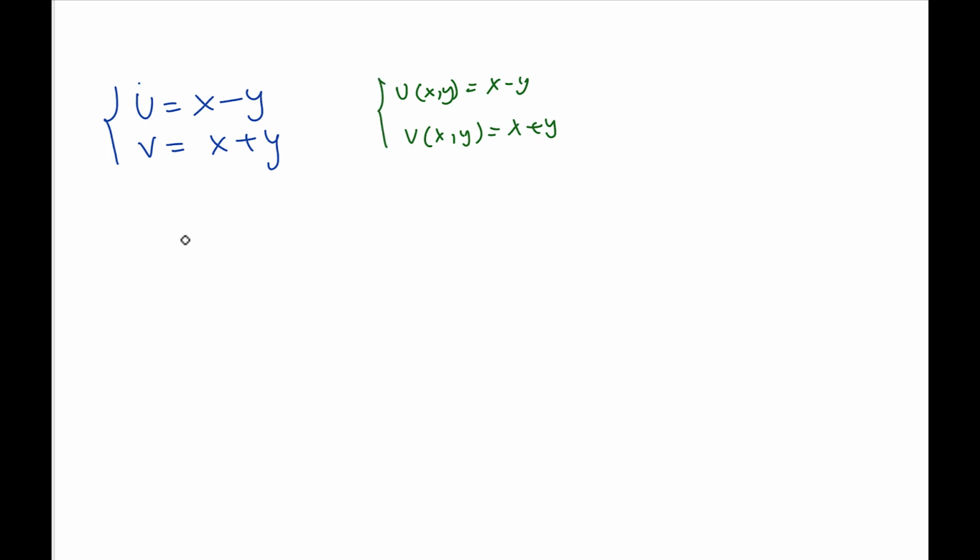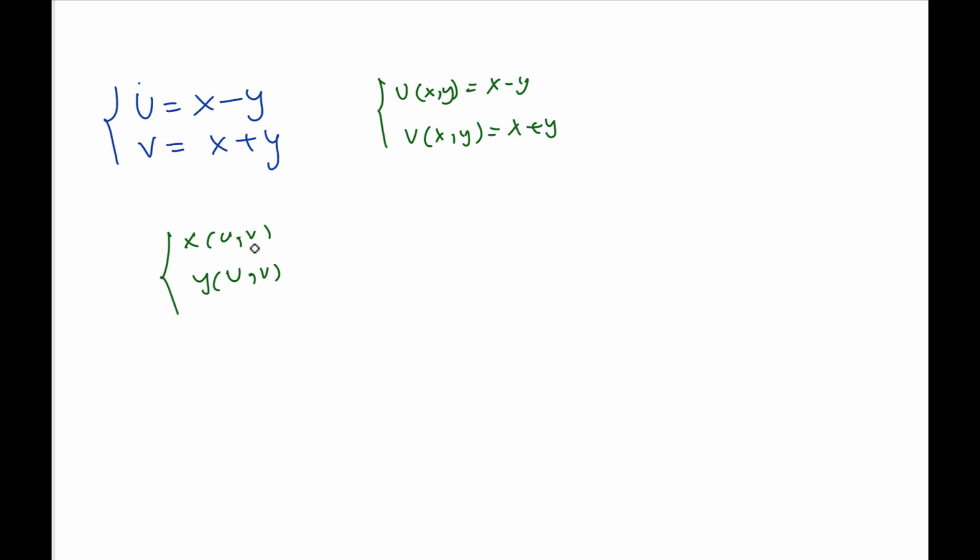So I want to find x of u and v and y of u and v. And how do I solve that? Basically I want to solve for x by eliminating y, and then solve for y by eliminating x. And that's the goal.